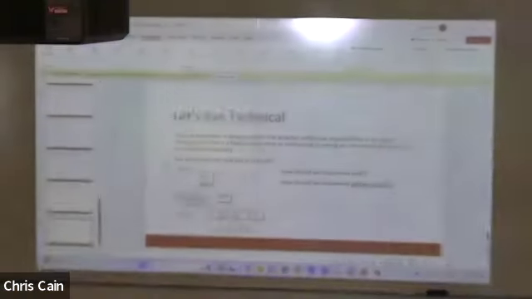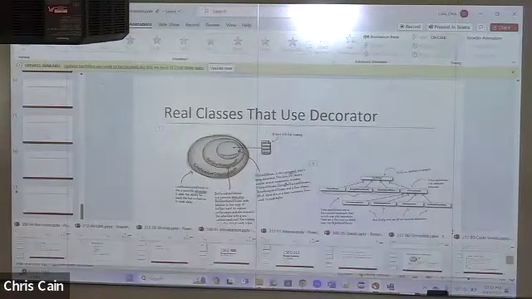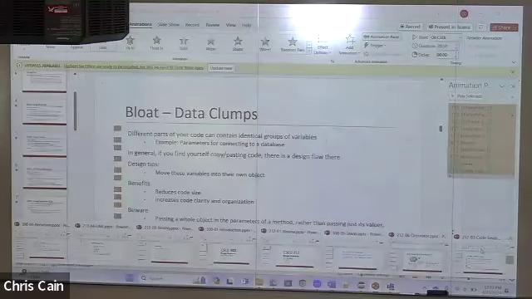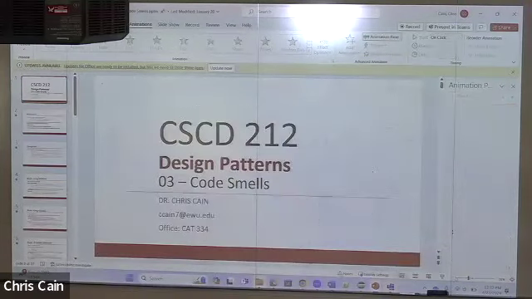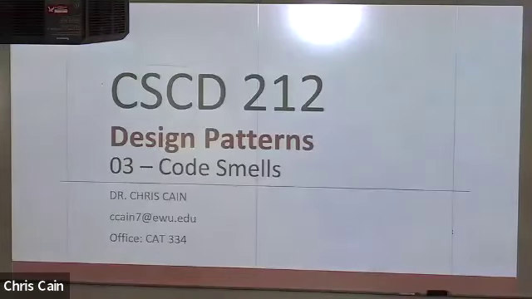We'll move on to the next piece of fun that we are going to talk about, which is code smells. Code smells are very fun. This lecture will probably not be. Basically, this is going to be a huge dump of lots of ways that you can write code that are not good.